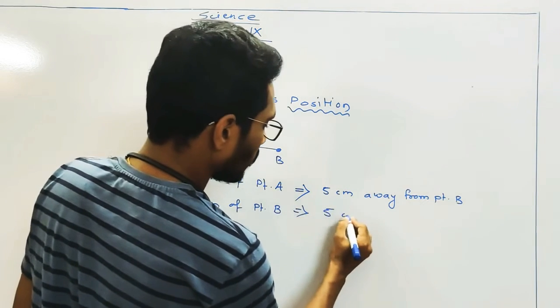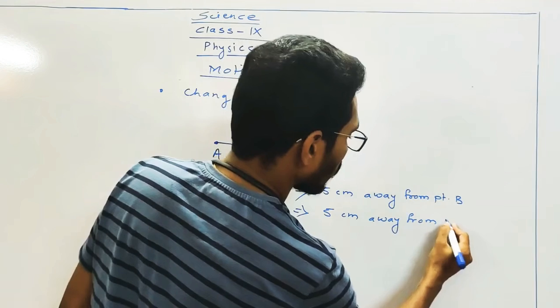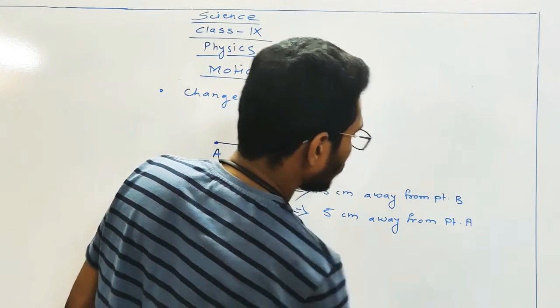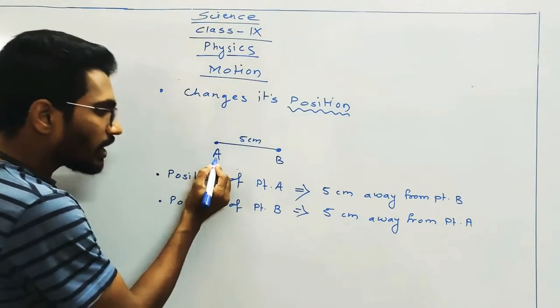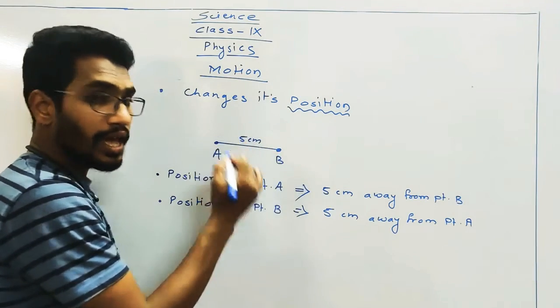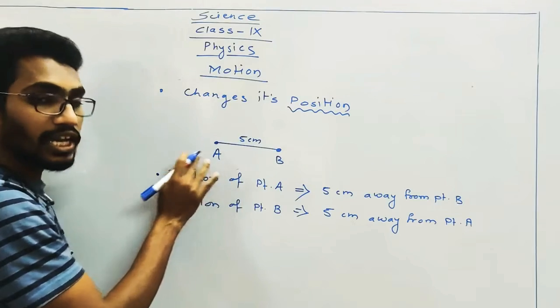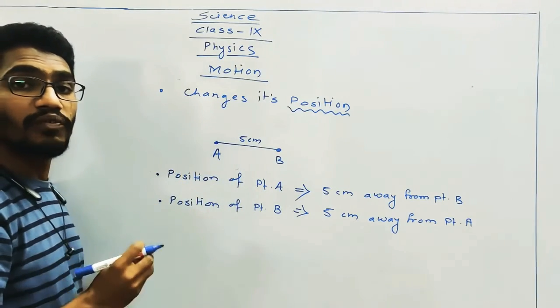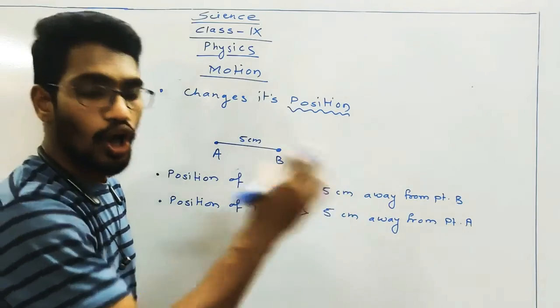Your answer must be 5 centimeter away from point A. Yes or no? Okay. So A helps us to describe the position of point B, and B helps us to describe the position of point A. So we must require a point to describe the position of any object.